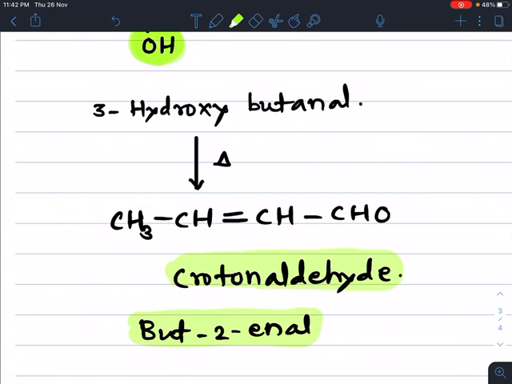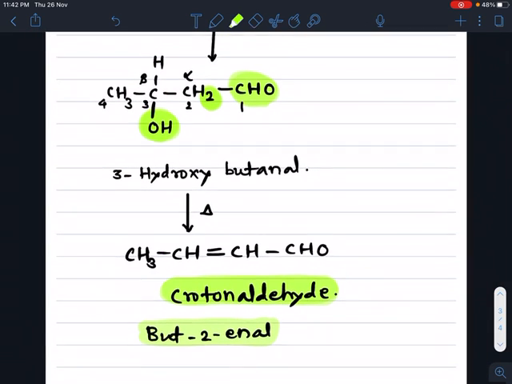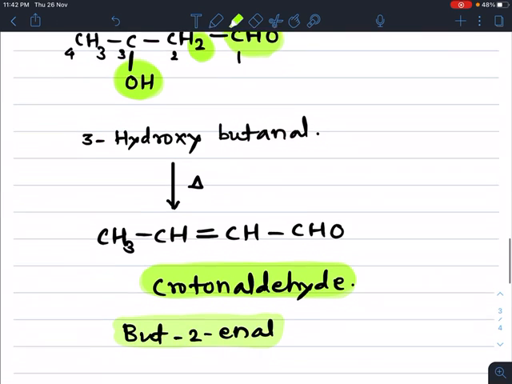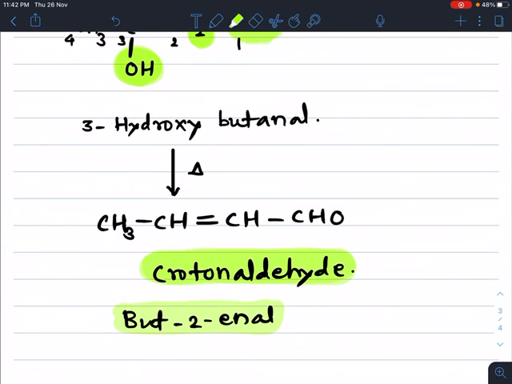It takes place in aldehydes or ketones that contain at least one alpha hydrogen atom; only then do they undergo aldol condensation. In the first step it forms a beta hydroxy compound and in the second step it forms the unsaturated aldehyde.